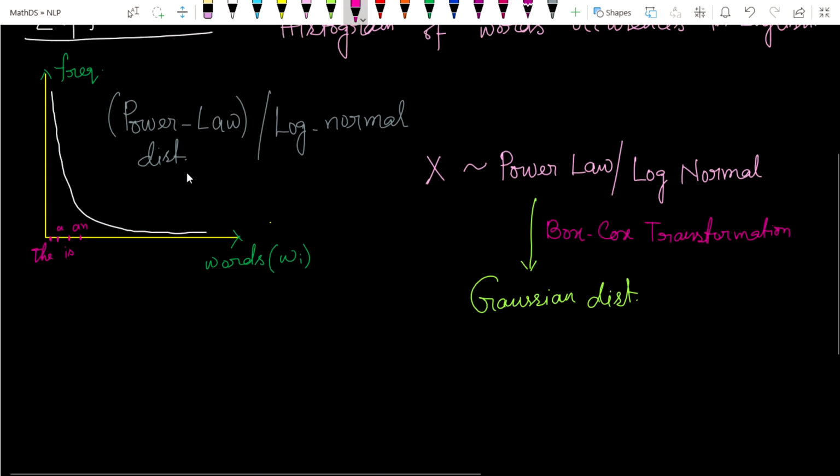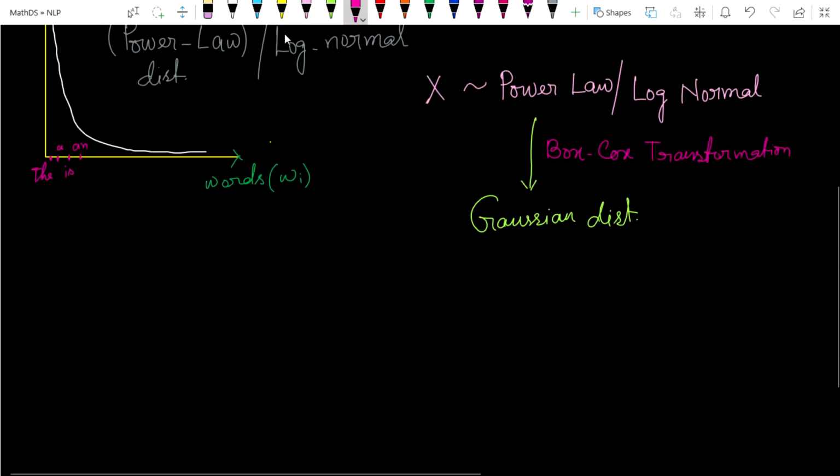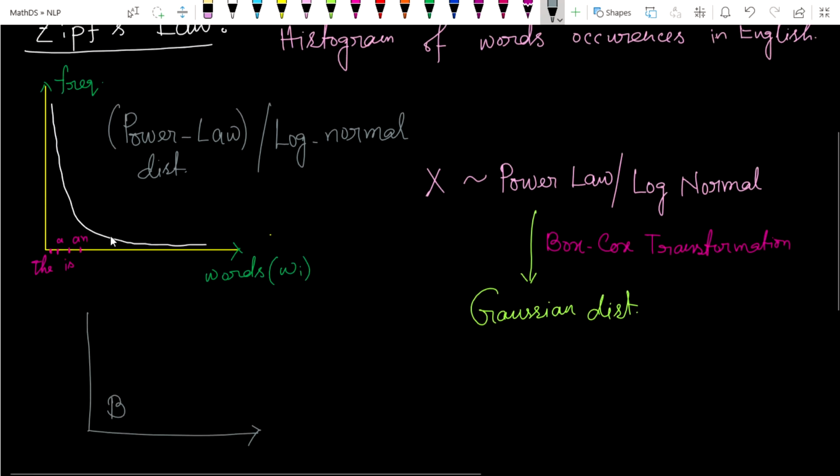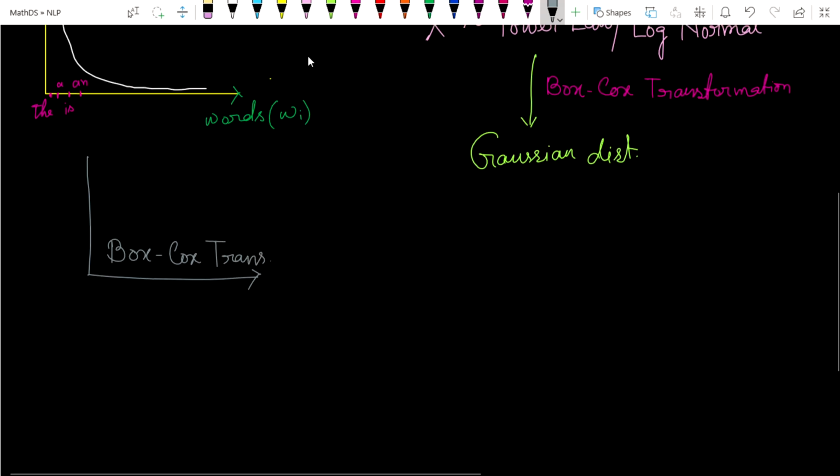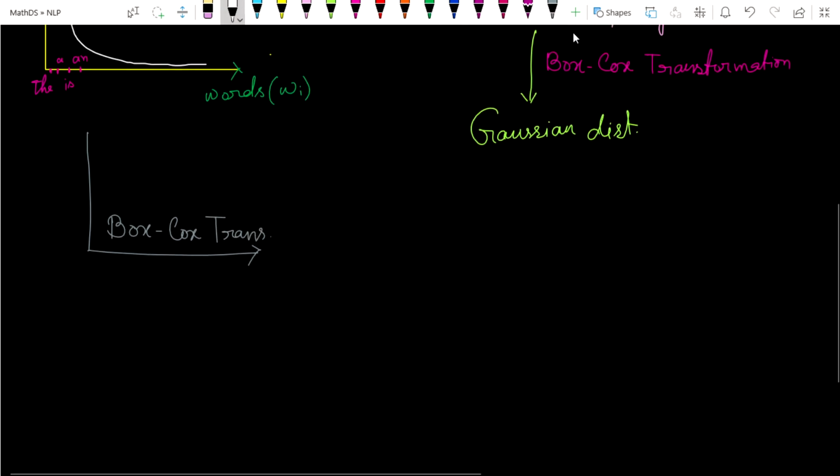So this is the power law. If we apply the Box-Cox transformation onto the frequency of this distribution, this kind of plot we will get now.